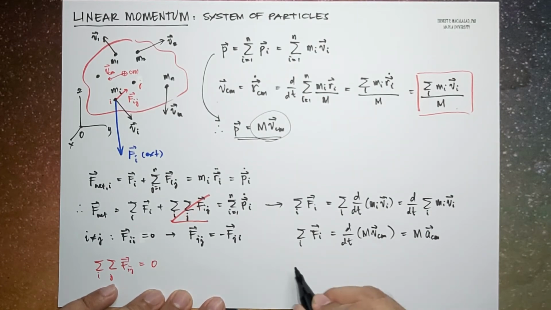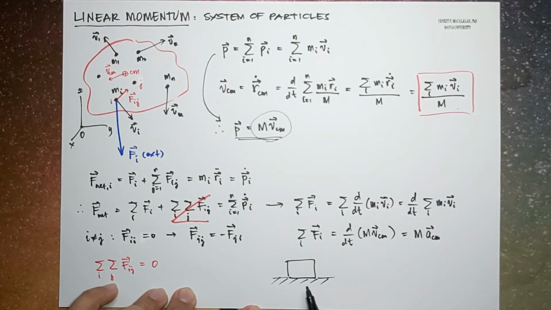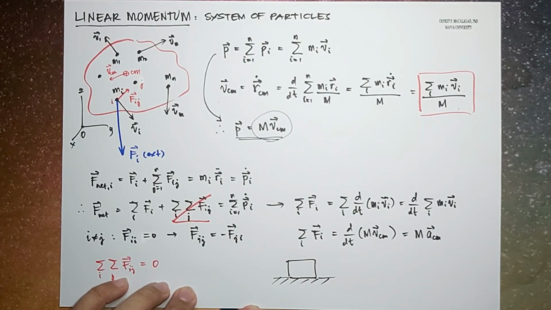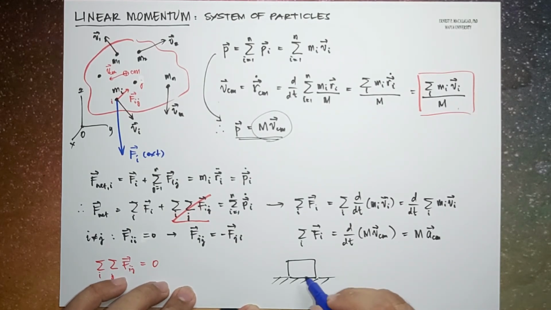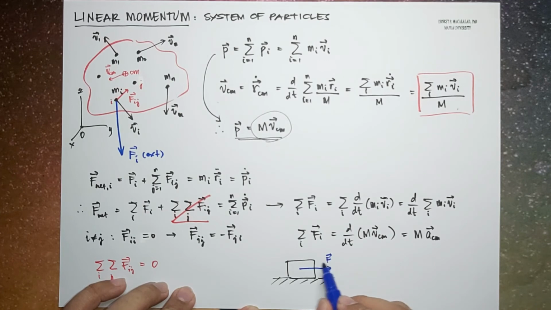Okay, so that's why, for example, what we usually do when we have, let's say, an extended object like a box, we usually draw this as follows, no? So let's say there is an external force acting on this box. So what is actually implied here is that this external force is actually applied on the center of mass of this box.